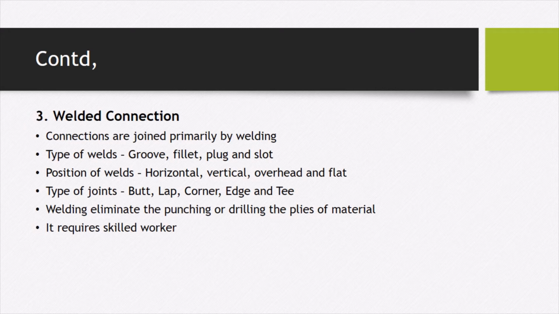By use of welding you can eliminate the punching or drilling used in the material, right? And it also requires a skilled worker. So this is all about welded connection. In this part we have discussed the medium, which is going to be the medium for connection. In the next part we are going to discuss the structural connections.